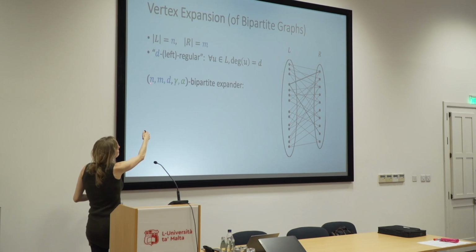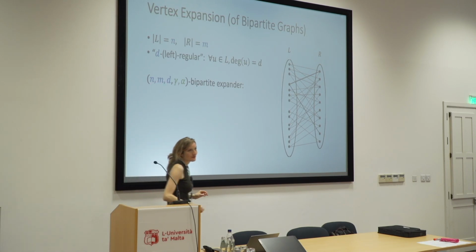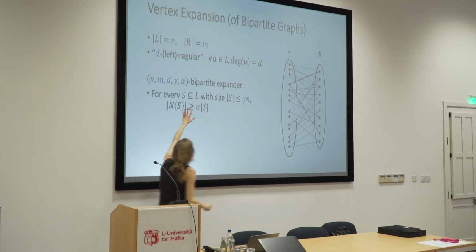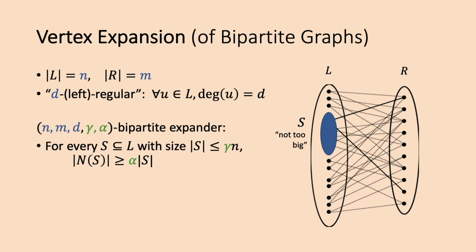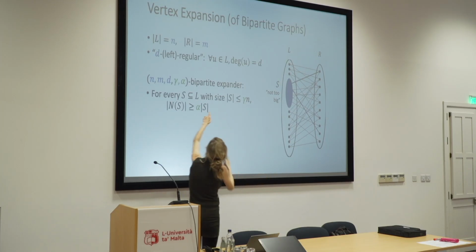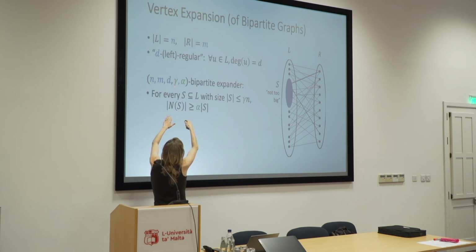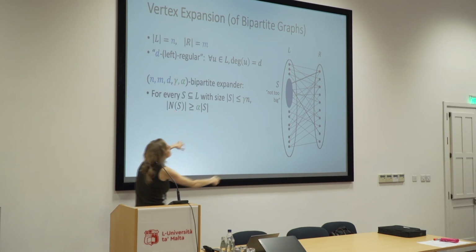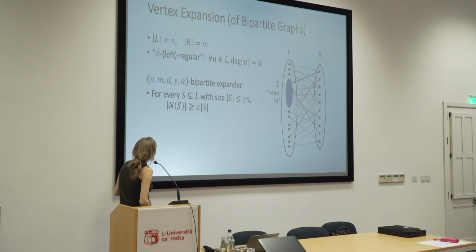So we've just seen n, m, and d, and now let me tell you what these two new parameters are. This is a graph such that for every S subset of L that's not too big, remember before our not too big was up to n over 2. In this case, we're going to consider a more flexible parameter. Gamma is going to be something between 0 and 1, some fraction of n.